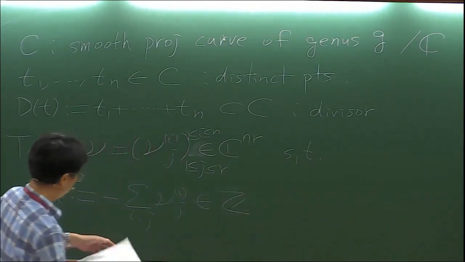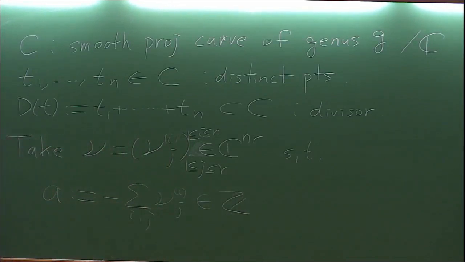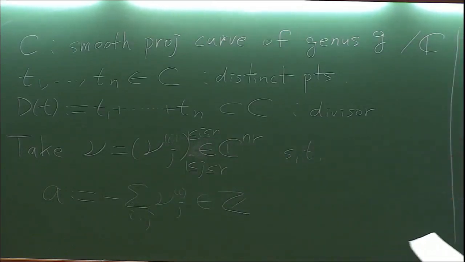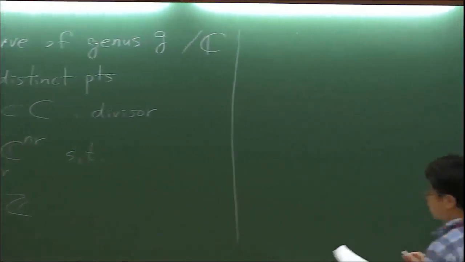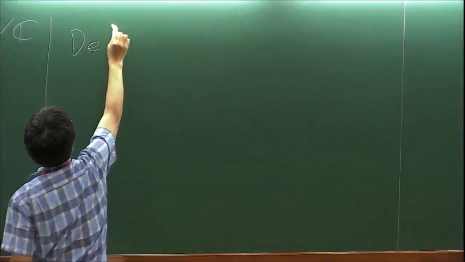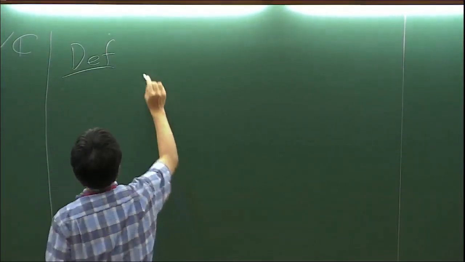So the summation of nu_ij is an integer. Under this data, I recall the definition of parabolic connection.